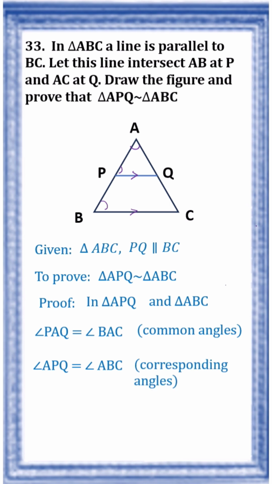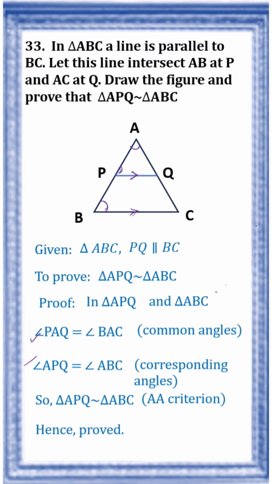They are corresponding angles. PQ is parallel to BC, so corresponding angles are equal. So triangle APQ is similar to triangle ABC. Why? AA criterion, angle criterion. Hence proved.